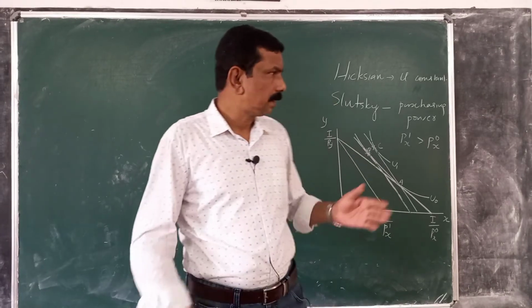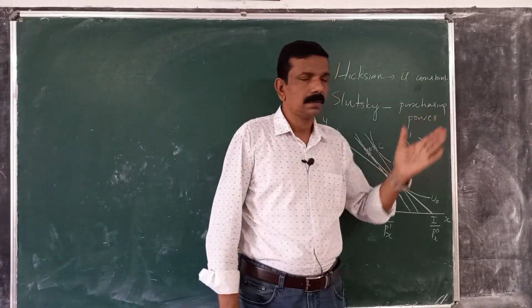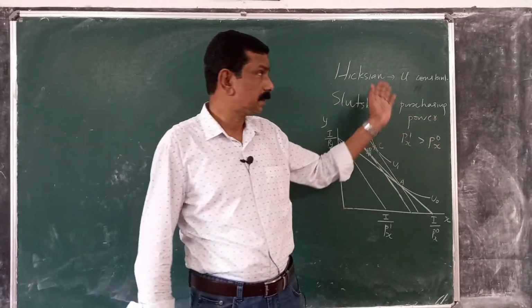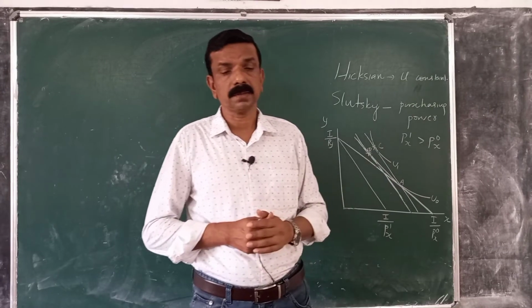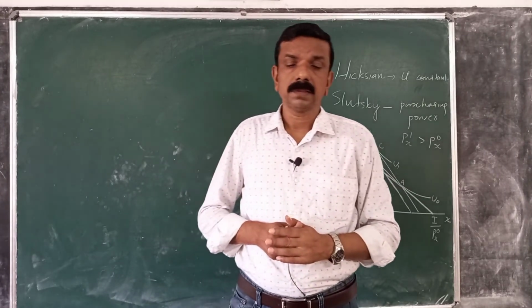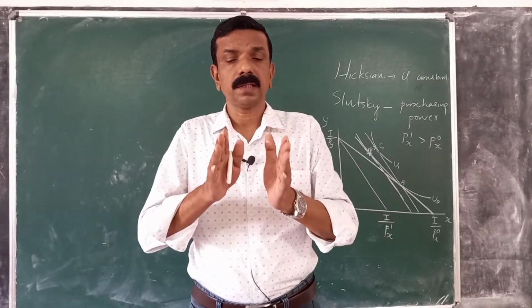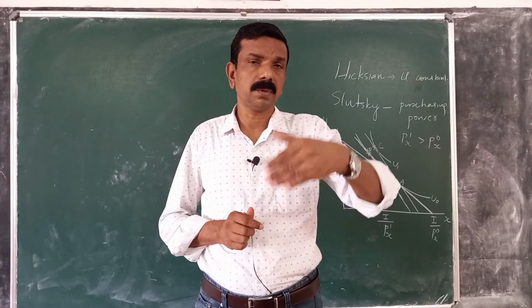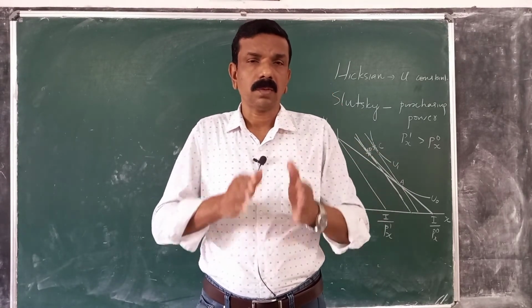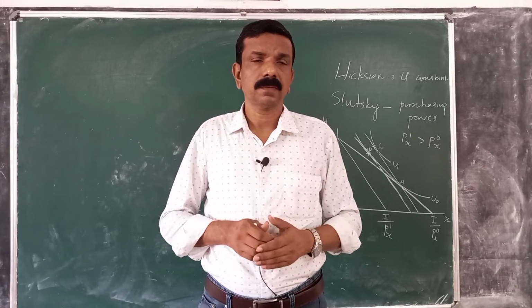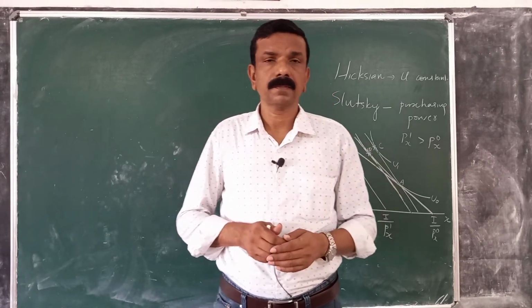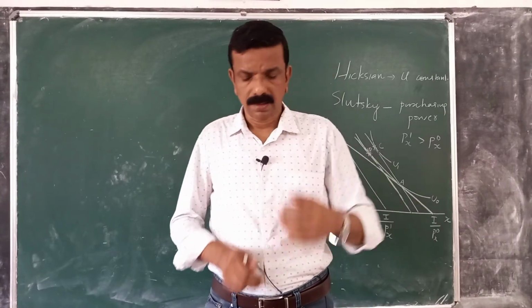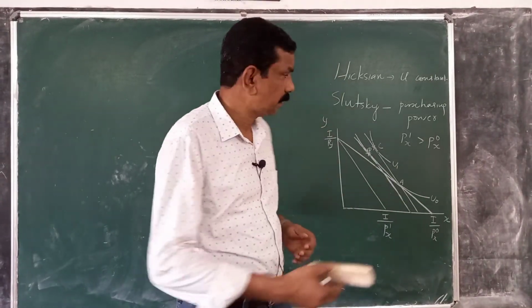We have to consider compensation, whether it is Hicksian or Slutsky. Now the question is, why do we consider these compensated price changes? What is the importance of compensating the consumer for change in real income? Let us consider this with an example.